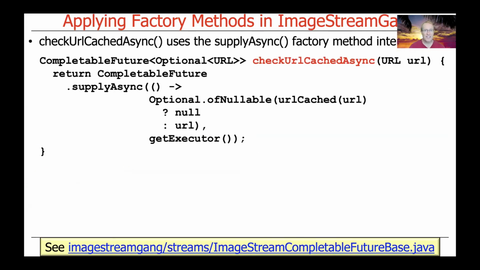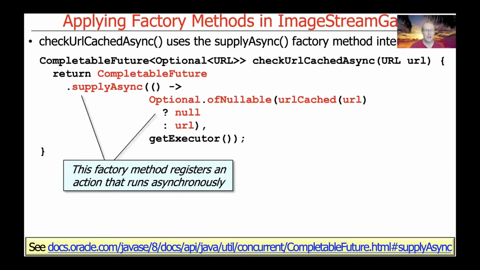But first, let's go ahead and take a look and see how the check URL cached method works and how it uses the supplyAsync factory method. So you can find this particular method, check URL cached async, in the ImageStream CompletableFuture base file. And this particular use of the supplyAsync factory method registers an action, and that action, of course, will be run asynchronously in a worker thread in the common fork join pool.